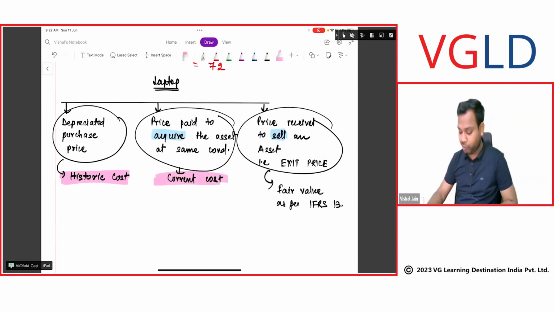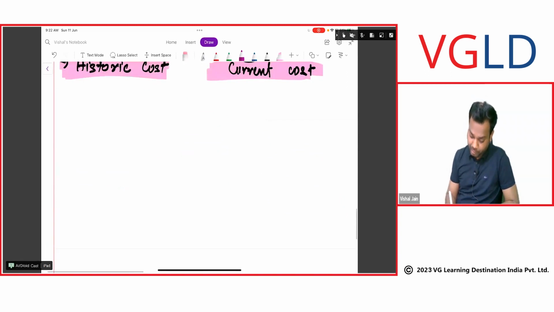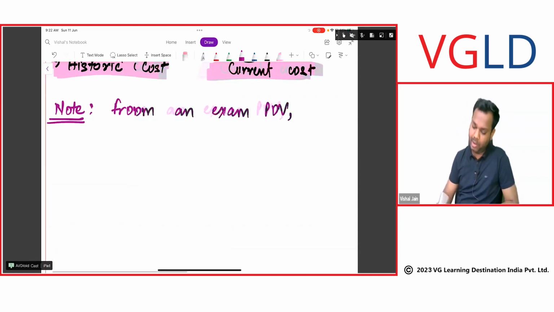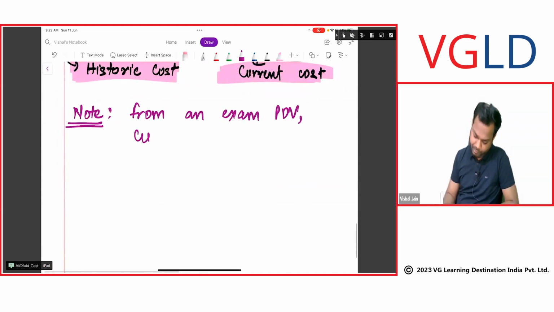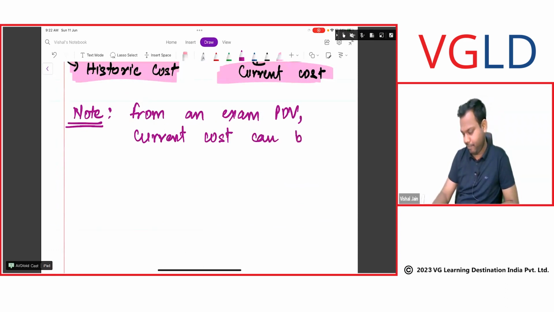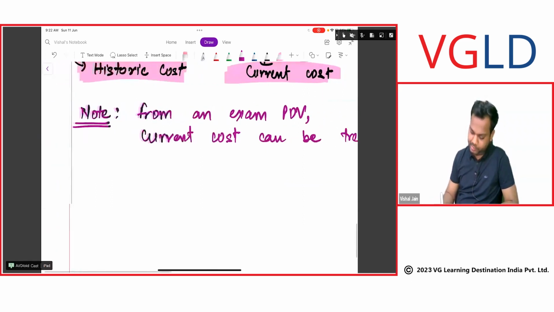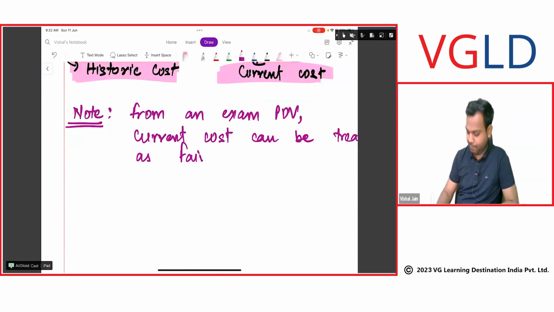Now, for the questions perspective, even if the current value is given, I will write here also. Note: from an exam point of view, current cost can be treated as fair value.